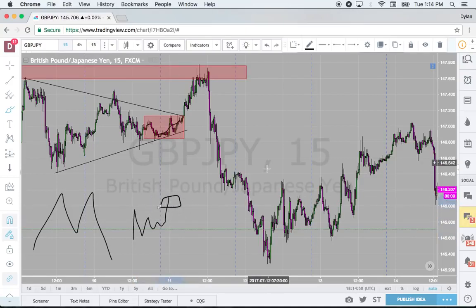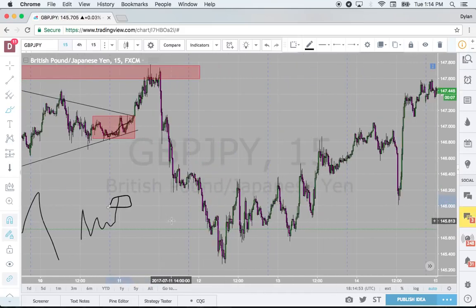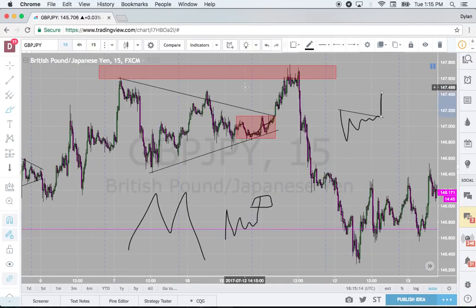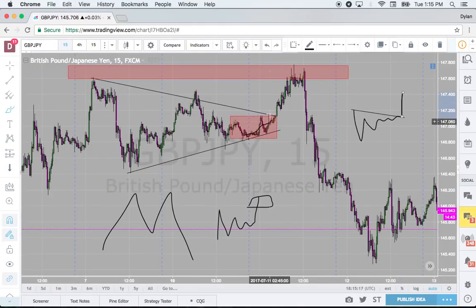Now, when I was trading mainstream retail information, I was taught to graph this wedge like this and then trade the breakout. Let's say the breakout is to the upside, so we're taught to buy this upside movement.